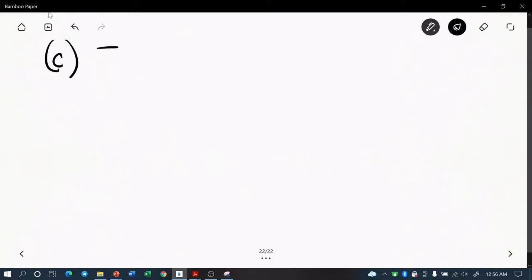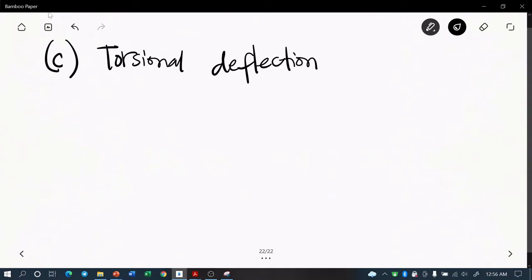So torsional deflection is basically the angle turned by the shaft from the neutral axis after it is subjected to torsional stress. So we will find the torsional deflection for each shaft, the hollow and the solid shaft, and we are going to decide based on our computation which one is more rigid.